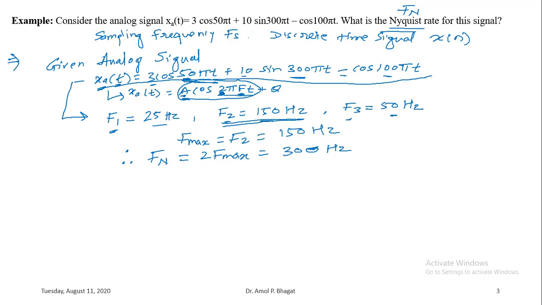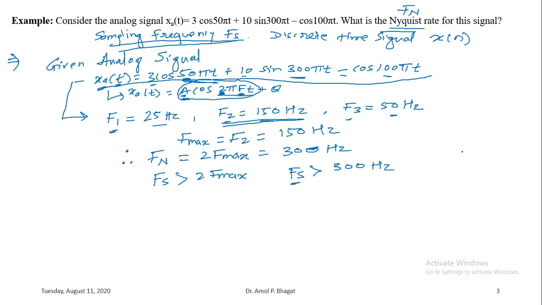Now next we'll try to identify the sampling frequency. The sampling frequency should be greater than twice the maximum frequency. So again this f max can be replaced with 150 hertz, so that means the sampling frequency should be greater than 300 hertz. You can select any frequency with a value greater than 300 hertz as a sampling frequency.